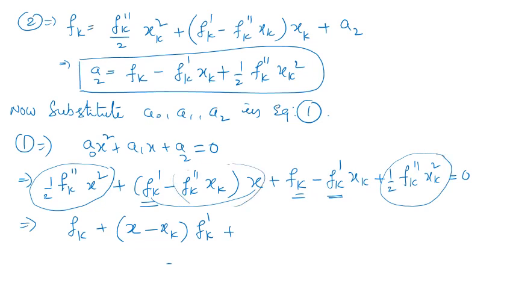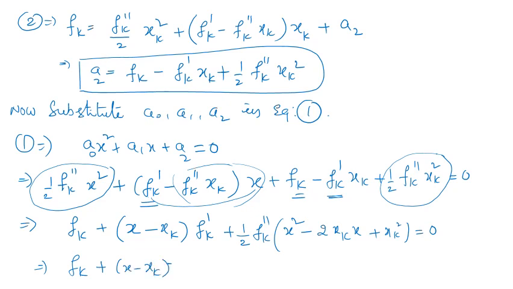In these, I can take 1 by 2 fk double dash common. Then the terms are x square minus 2 xk x plus xk square equal to 0. So what I am getting is fk plus x minus xk into fk dash plus 1 by 2 x minus xk whole square fk double dash equal to 0.